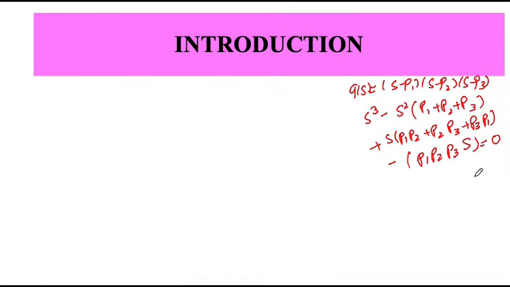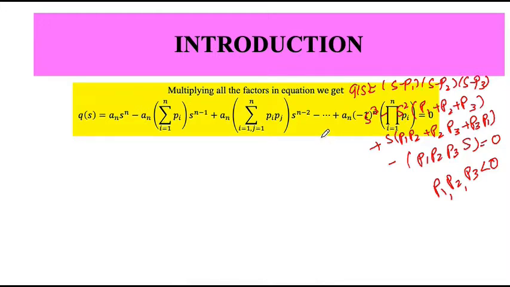so stability says that all the poles should be on the left hand side. Means if we assume p1, p2 and p3 should have a value less than 0. So let's, for simplicity, assume that they are real, even though if they are complex, nothing much would change, right? So if p1, p2, p3 are less than 0, then the entire sum would be negative, then the coefficient of s squared needs to be positive.